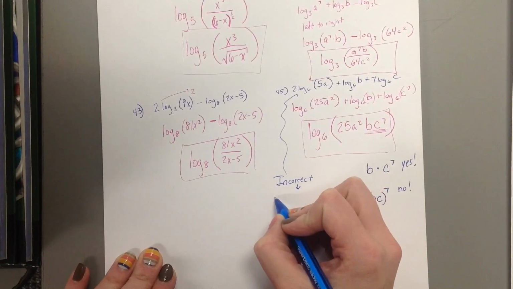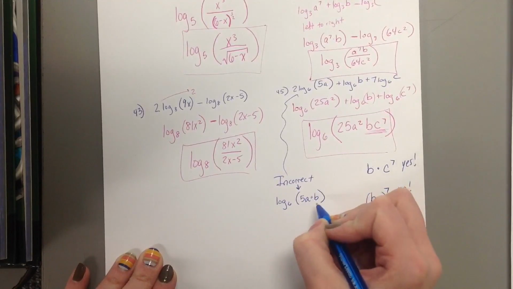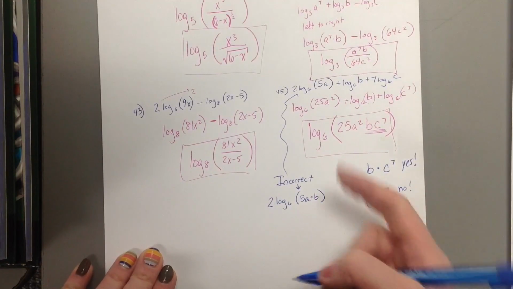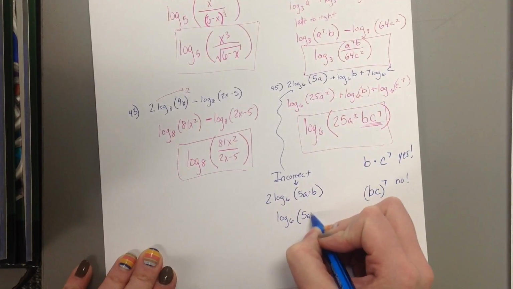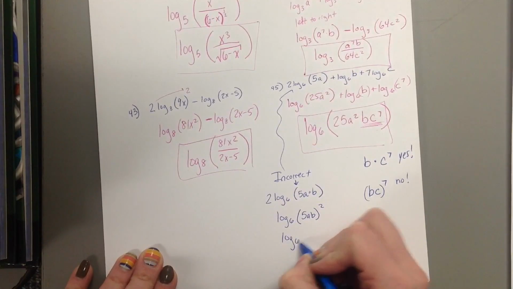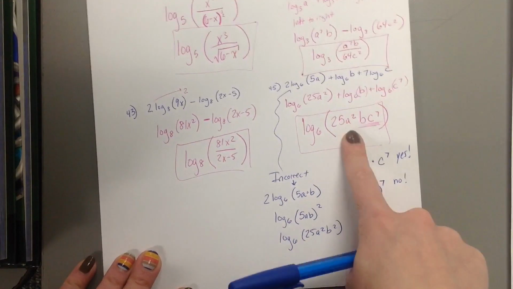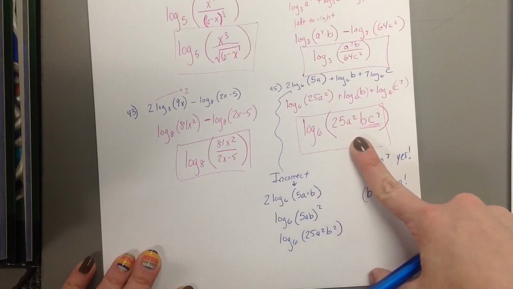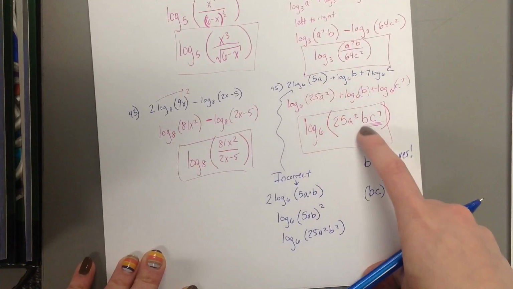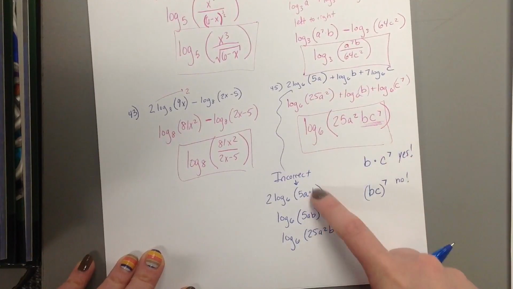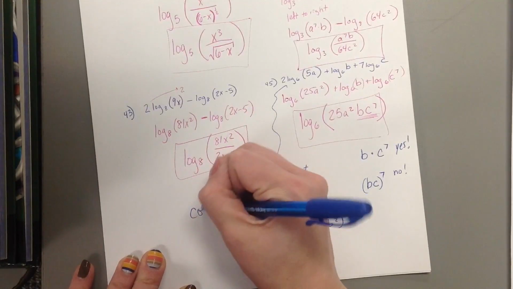If I made this log 6 of 5a times b first, and just kind of left the 2 out front, and then I moved it up, that would be log 6 of 5ab squared, which is log 6 of 25a squared b squared, which is not what we wanted. This is what we wanted right here. Yes, 25, because it's 5 squared. Yes, a squared, because it is a squared. But we only wanted 1b. The b is not included in the squaring there. So make sure you deal with the coefficients first.